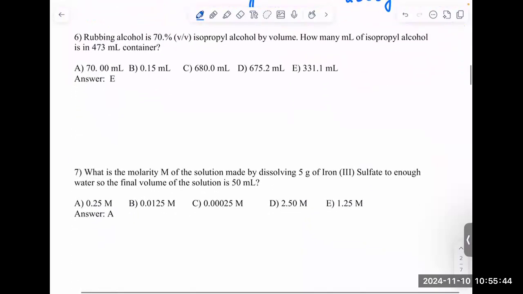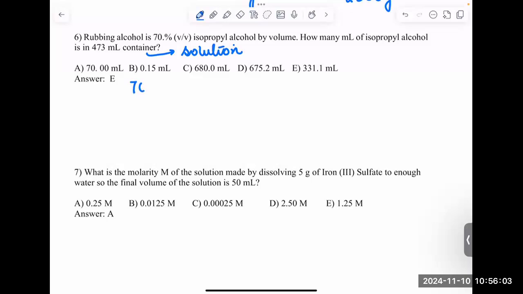Okay, rubbing alcohol, volume by volume percent. How many milliliters of isopropyl alcohol are in a 473 milliliter container? The container itself means solution. So we are given 70% volume by volume.